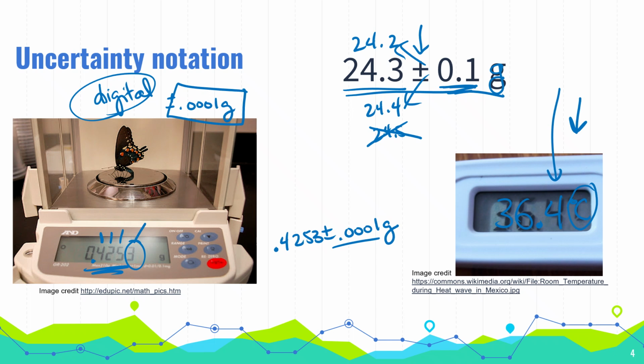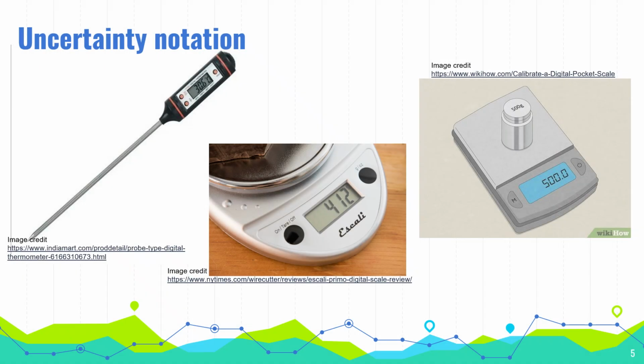So my temperature here, I'm going to write with uncertainty as 36.4 plus or minus, that's a tenths place, 1/10 of a degree Celsius, which means that the temperature could be anything between 36.3 and 36.5 degrees Celsius.